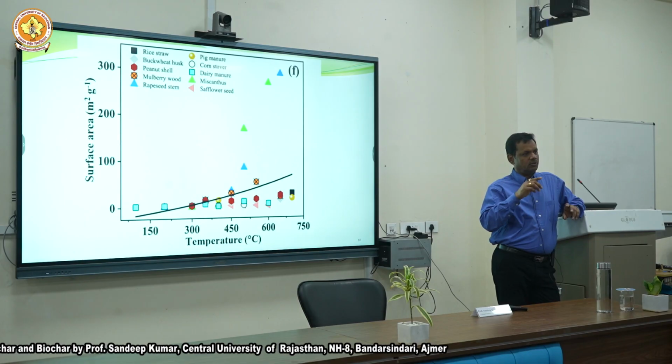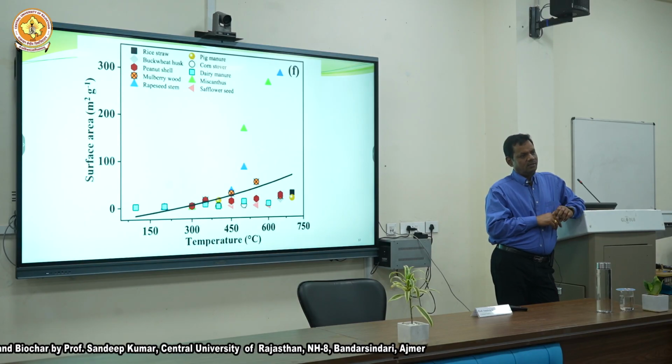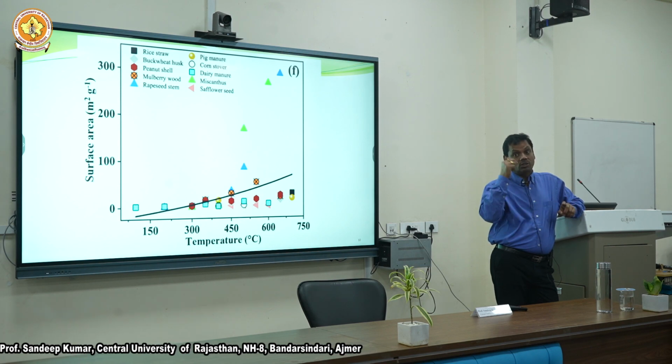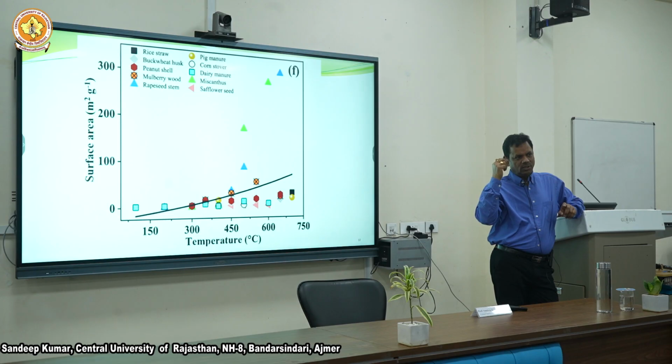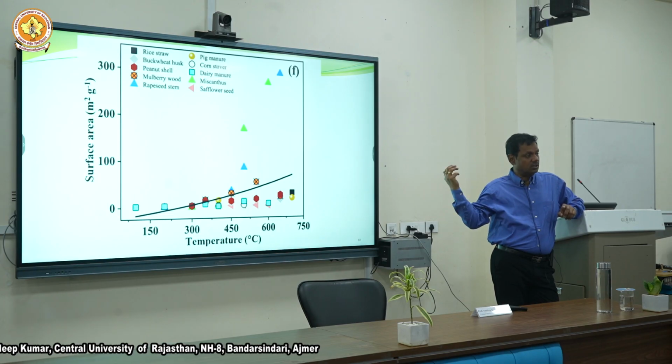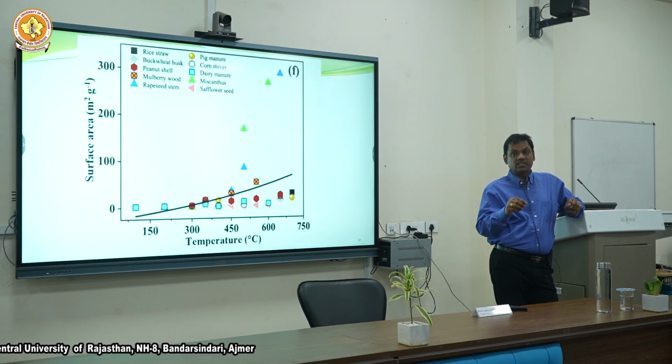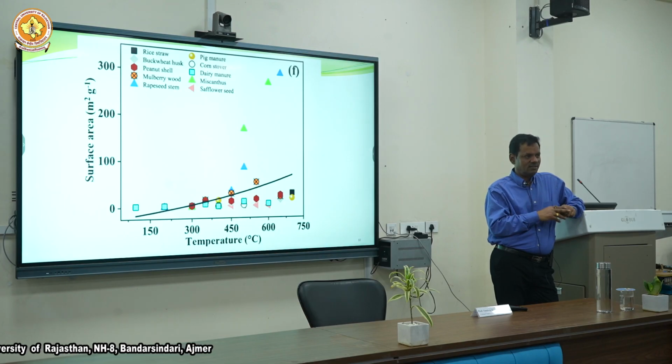Think of the reactor, what's going on. In pyrolysis you are getting volatiles going out as gases. You are creating pores as they go out. In hydrothermal you have water which is trapping volatiles. When you are cooling, it is condensing back and then blocking your pores.